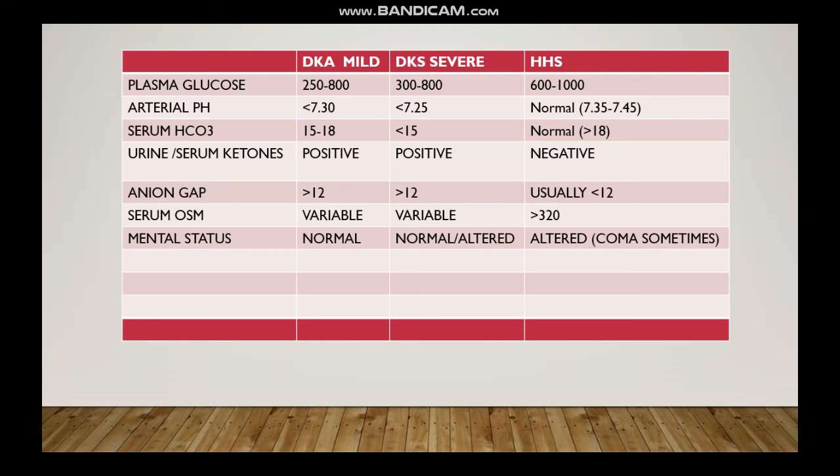As you know, DKA is a high anion gap metabolic acidosis, so in both mild and severe cases the anion gap is more than 12, and in HHS it's less than 12. Serum osmolarity is variable in DKA, mild and severe, but in HHS that is the main thing: serum osmolarity goes high, more than 320. Mental status is normal in DKA, but in HHS it's altered.